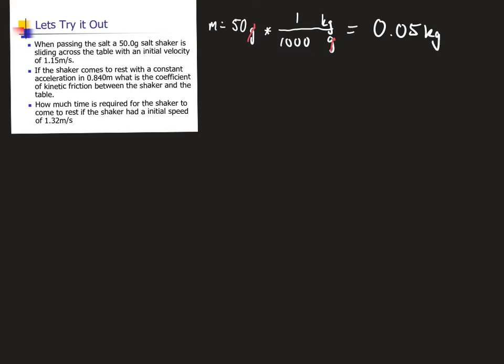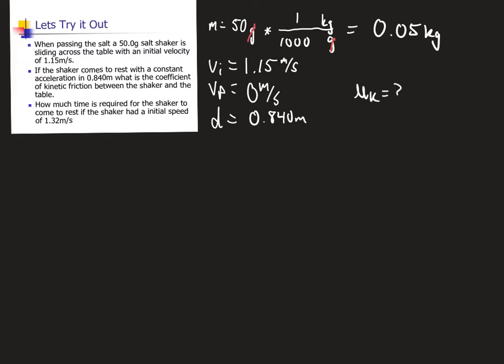kilograms. For the first problem, we have an initial velocity of 1.15 meters per second. The final velocity, because it comes to rest, is going to be 0 meters per second. The distance that it travels is 0.840 meters, and we're asked to solve for mu sub k.